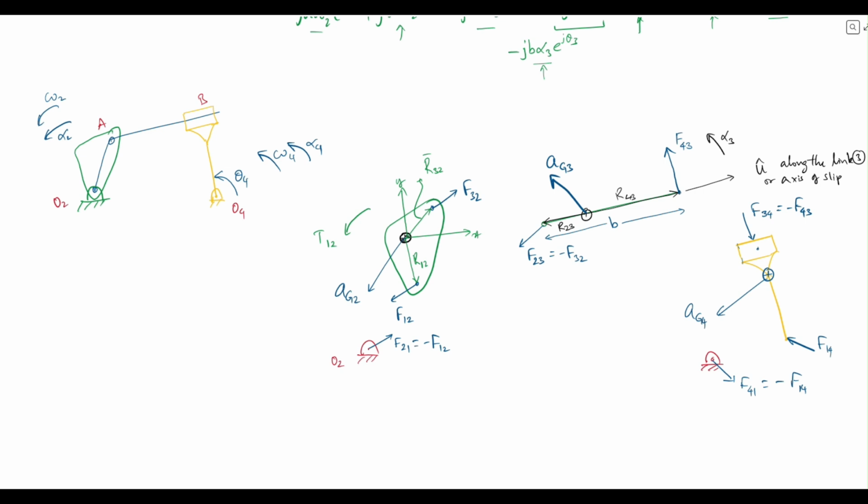This is where point B is of the slider block. And so there will be a position R3,4 of this point B at which F34 is acting. We know there is an acceleration alpha 4 for this link. There is also this position R14.